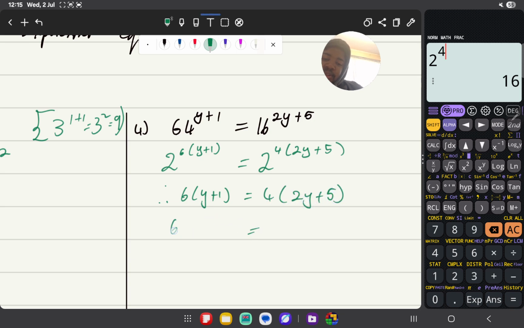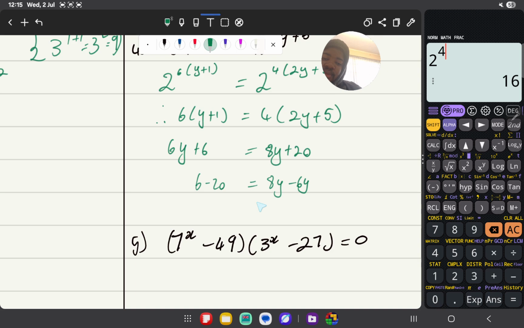And then that is 6y plus 6 equals 8y plus 20. 8y minus 6y, 6 minus 20, you have 14 minus 14, you have 2y. So here, therefore, y equals minus 7.